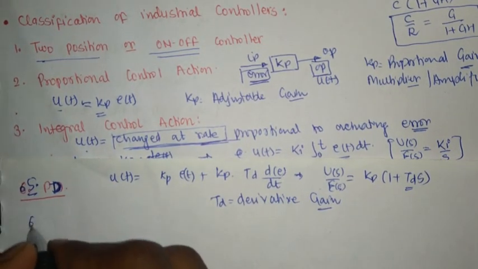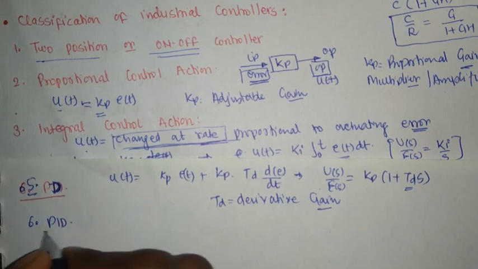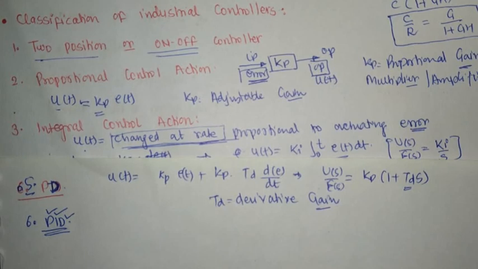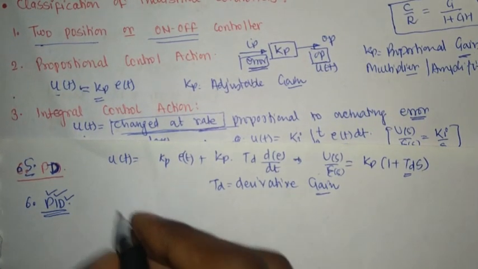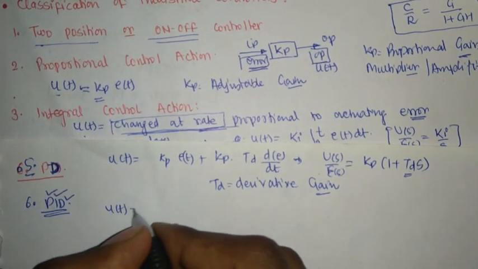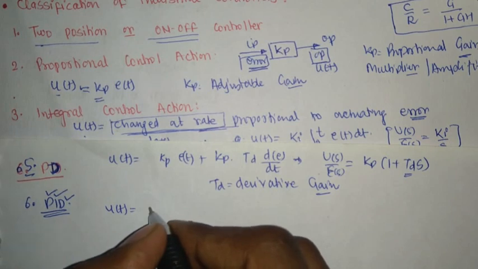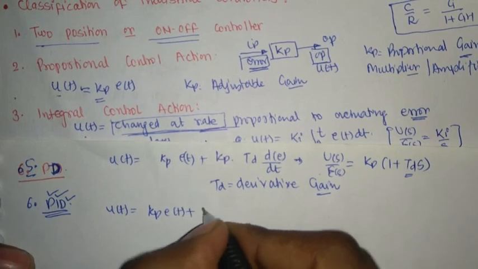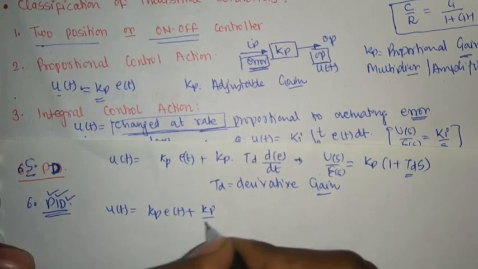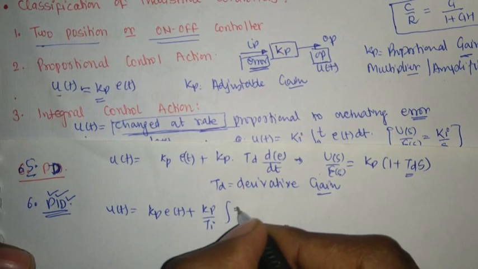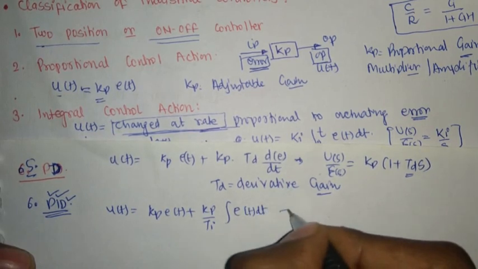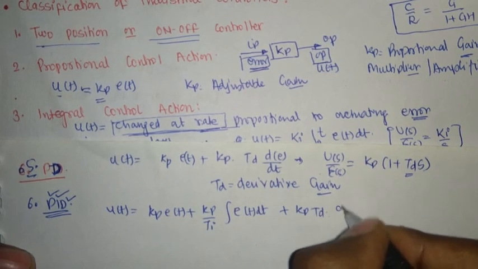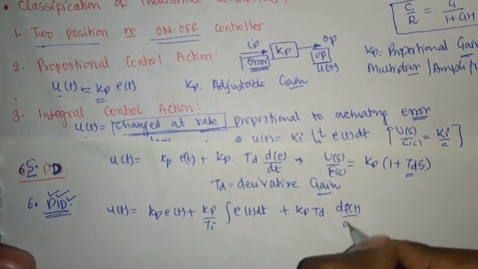Now the sixth system that we can have is PID, that is our last system, meaning proportional will be there, integration will be there, and differentiation will also be there. So what will happen here is that u(t) is going to be equal to, all three functions are going to come into the picture. So proportional gain, then integral gain, so Kp upon Ti into the integral of e(t) dt plus differential gain also, so Kp Td into de/dt.